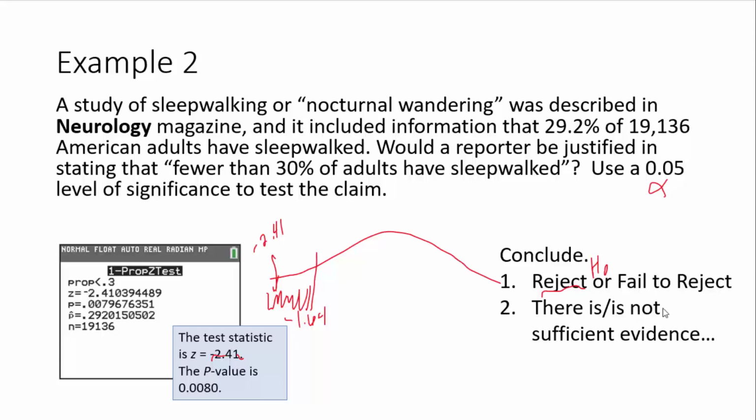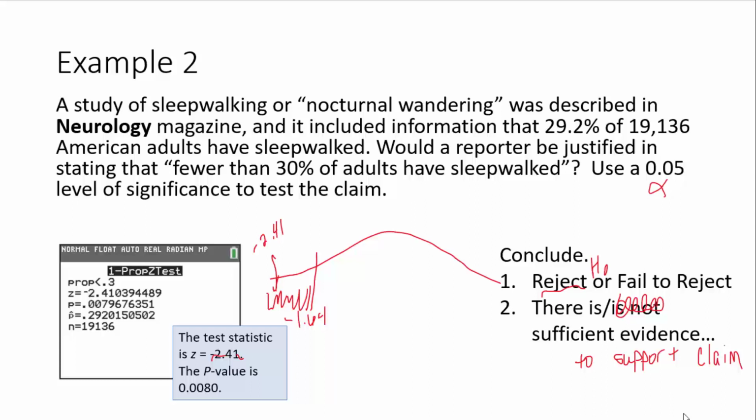So does that mean that there is or is not sufficient evidence to say that fewer than 30%? Since we have rejected the null, we're going to support the alternative. And the alternative is that there is sufficient evidence to support the claim. And remember, the claim is that it was less than 30%. So we're rejecting that it is 30%, and we are supporting the claim. We believe that there's evidence to support the claim that it is less than 30%. And that is from the critical value method.